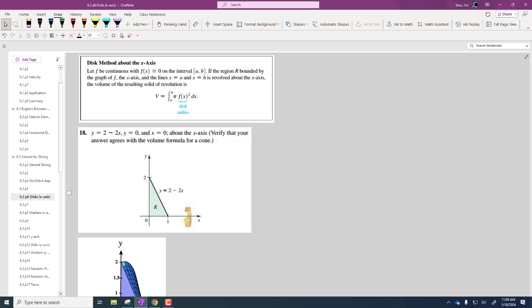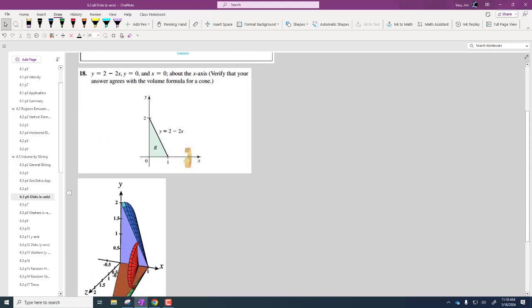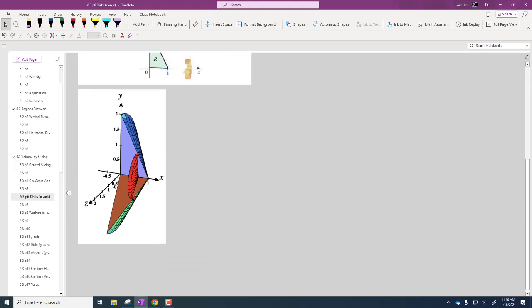So again, if we're going to do a rotation and the region is touching the axis of rotation, you're going to create cross sections that are disks. Right here, we're rotating around the x-axis, so we are touching the axis of rotation. When that rotates around, we're going to create a cone. There's a cone, I took that from CalcPlot 3D.